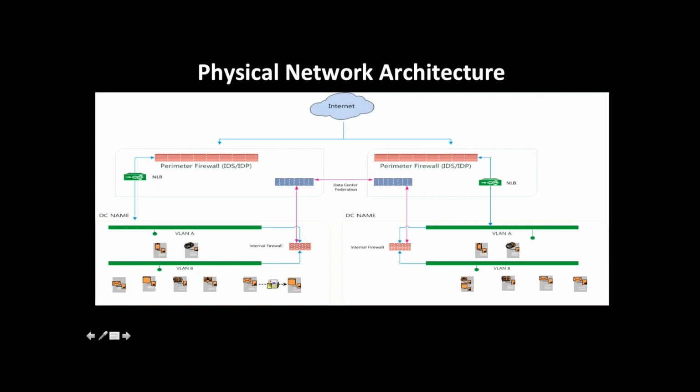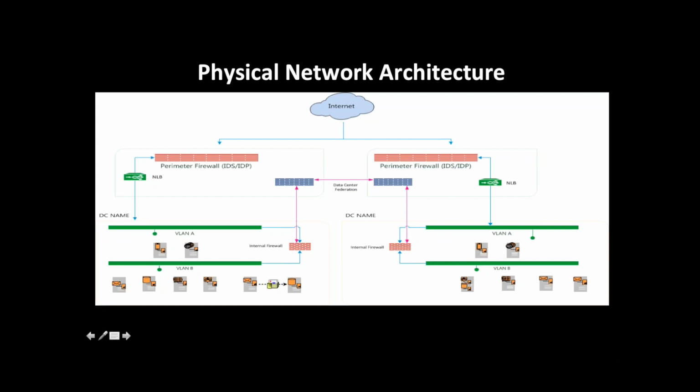And then there's going to be an internal firewall, which is going to route all of the different VLANs for each account. So each account is assigned VLANs, which you can then create servers on. And you can create multiple VLANs per account and control the firewall rules between those.